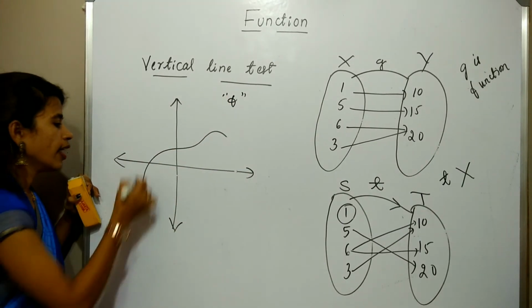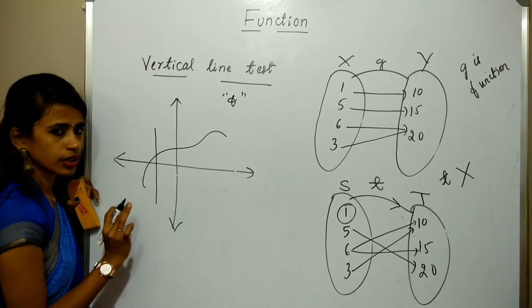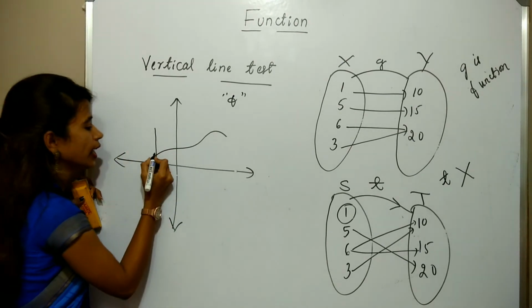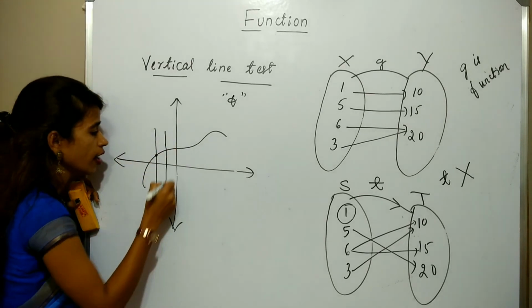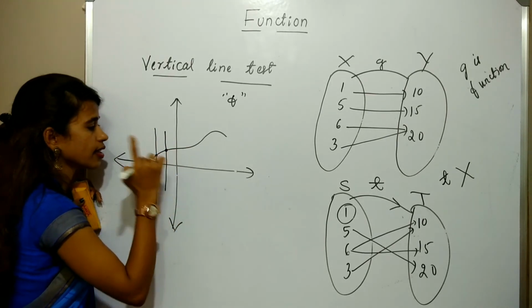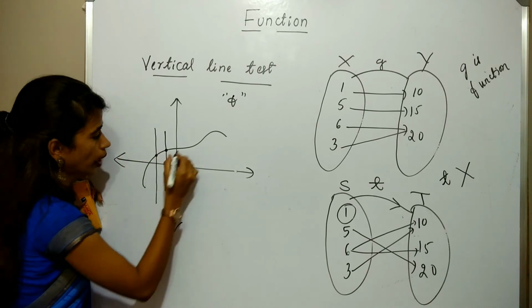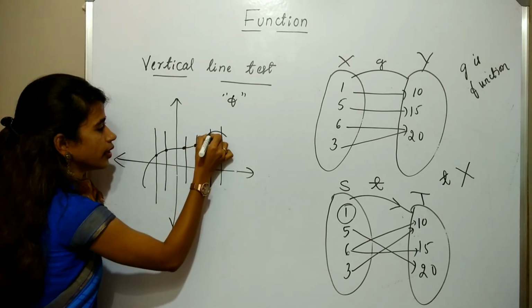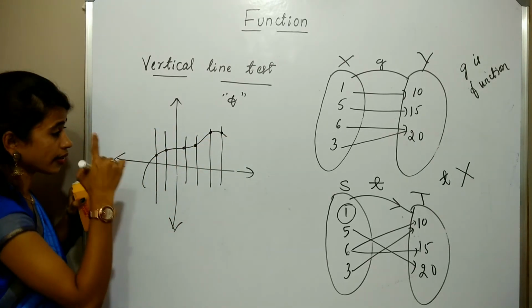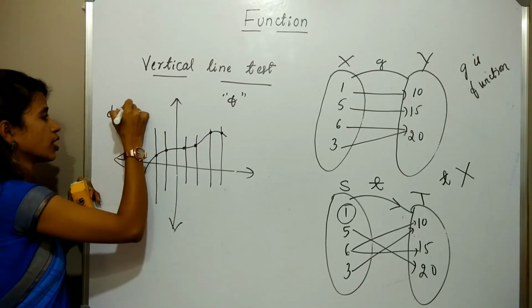If I draw a vertical line, it touches the curve at exactly one point. If it touches at one point, then we say that the relation becomes a function.